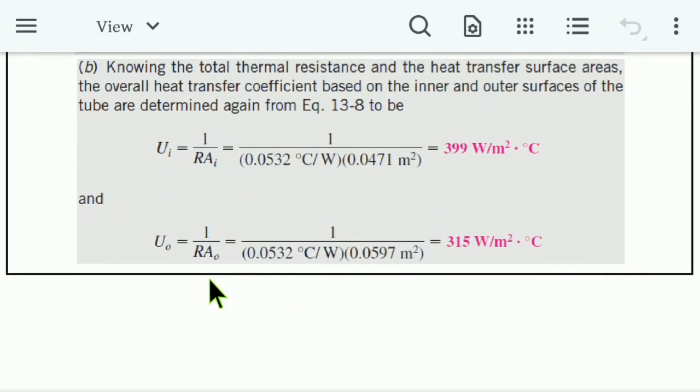Number B, knowing the total thermal resistance and the heat transfer surface areas, the overall heat transfer coefficients based on the inner and outer surfaces of the tube are determined again from equation 13.8 to be like that. UI is equal to 1 by R AI.